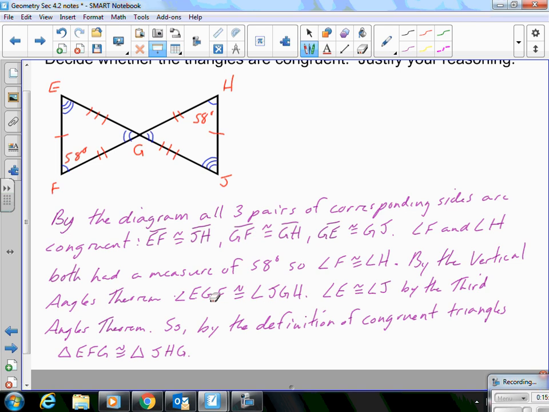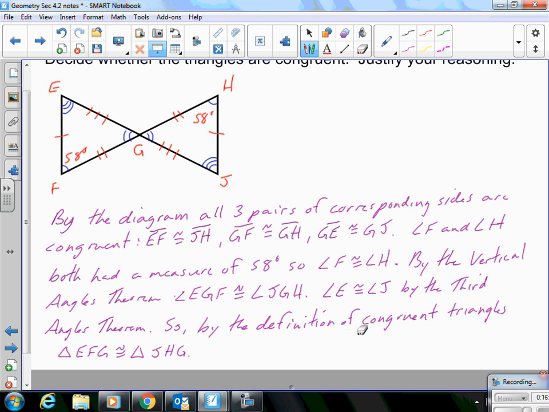And we have to give 3 letters on the naming of these angles here, because we can't just say angle G is congruent to angle G, right? There's actually 4 angles made right here at point G, so I can't just say G because we don't know what angles they are. That's when we have to use the 3-letter naming system for those angles. And angle E is congruent to angle J by the third angles theorem.